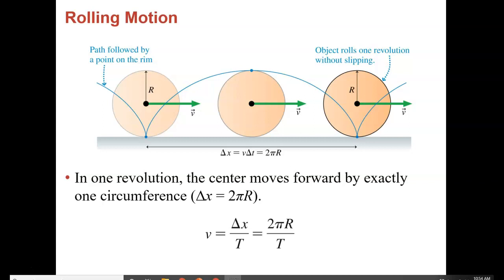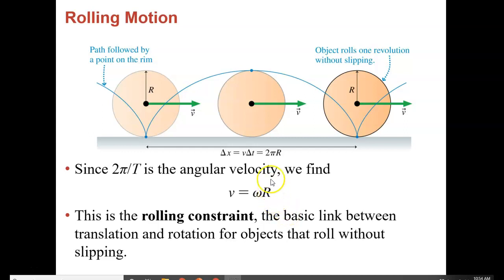We kind of did this in class with your lab. So we know that our tangential velocity is angular speed times your radius.